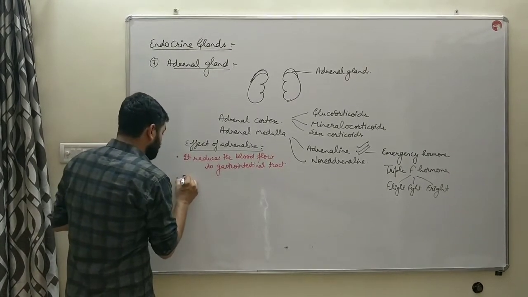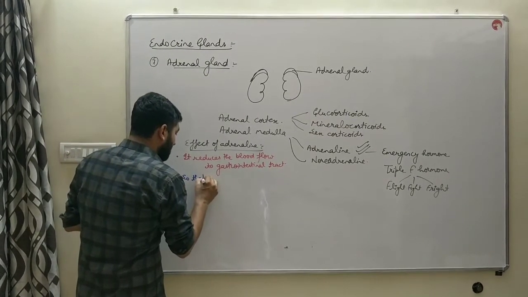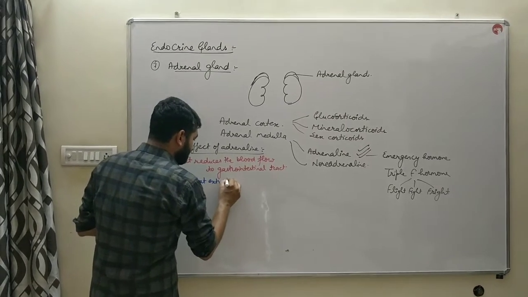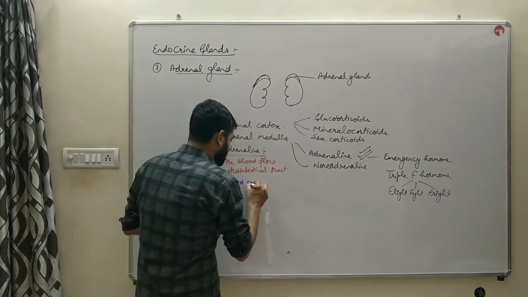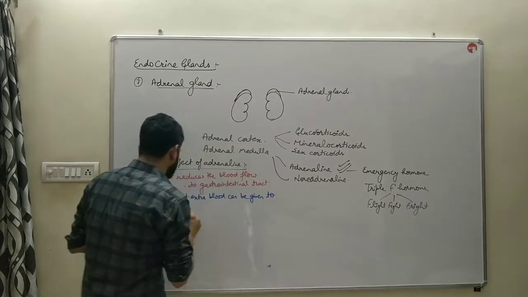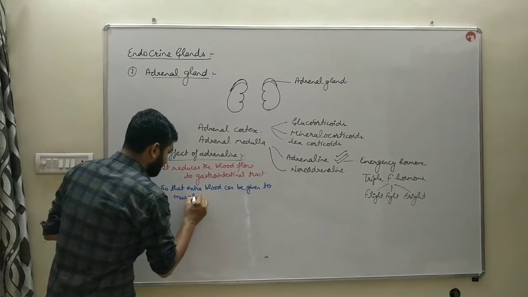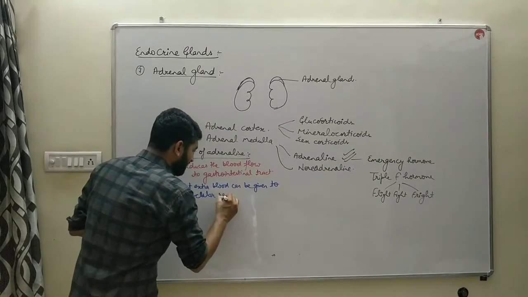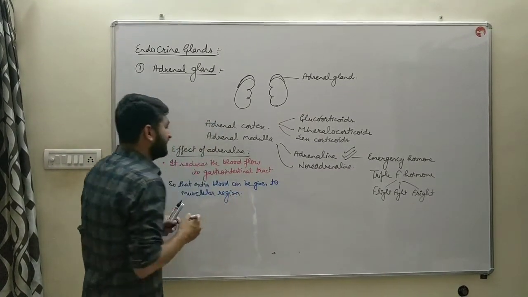Why is it reduced? So that the extra amount of blood can be given to the muscular region, so that muscles can be prepared for those emergency conditions.